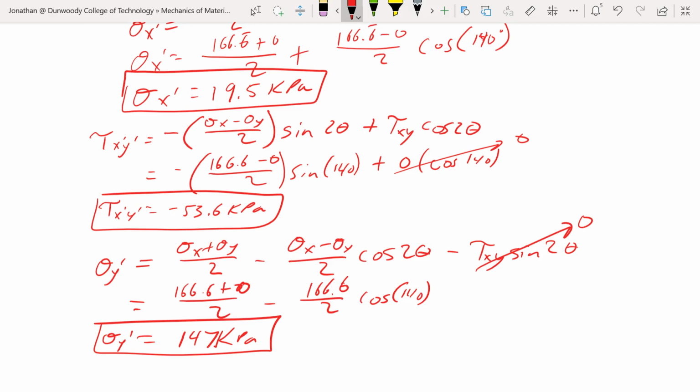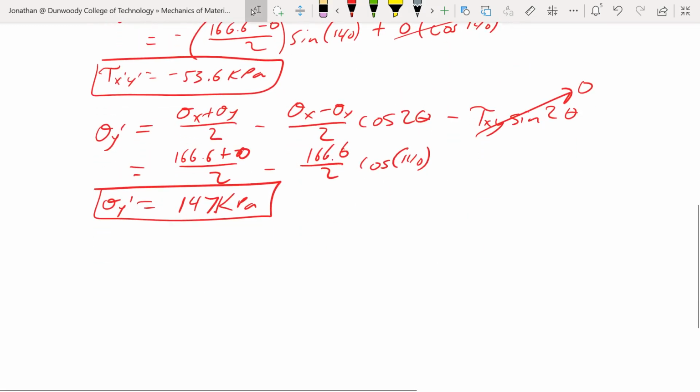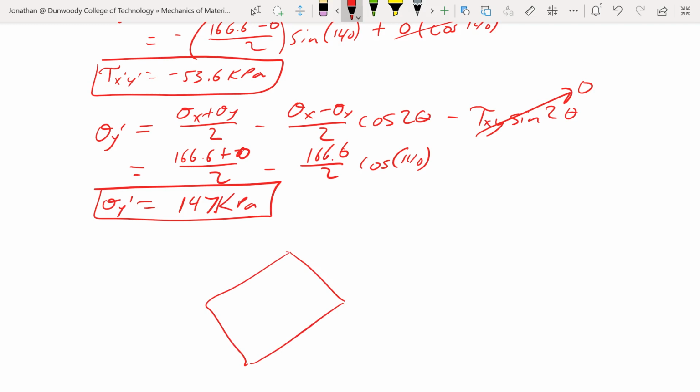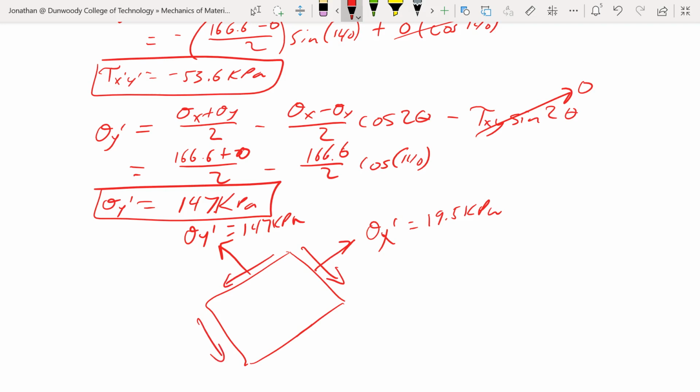Excuse me. So if we are sketching that out on an element, we have that rotated here. Oh goodness, I got a little shifted. So we have sigma x prime at 19.5 kilopascal. Sigma y prime, 147 kilopascal. And tau x prime y prime is going this way.